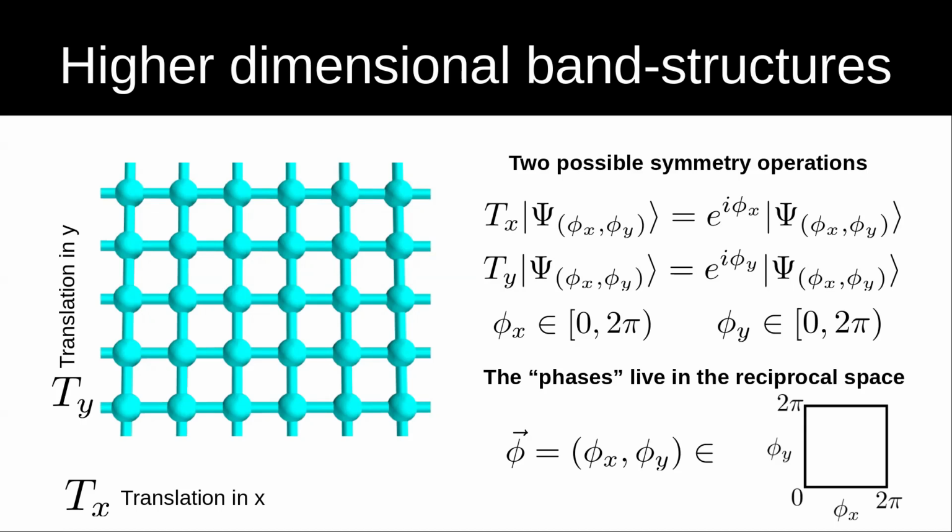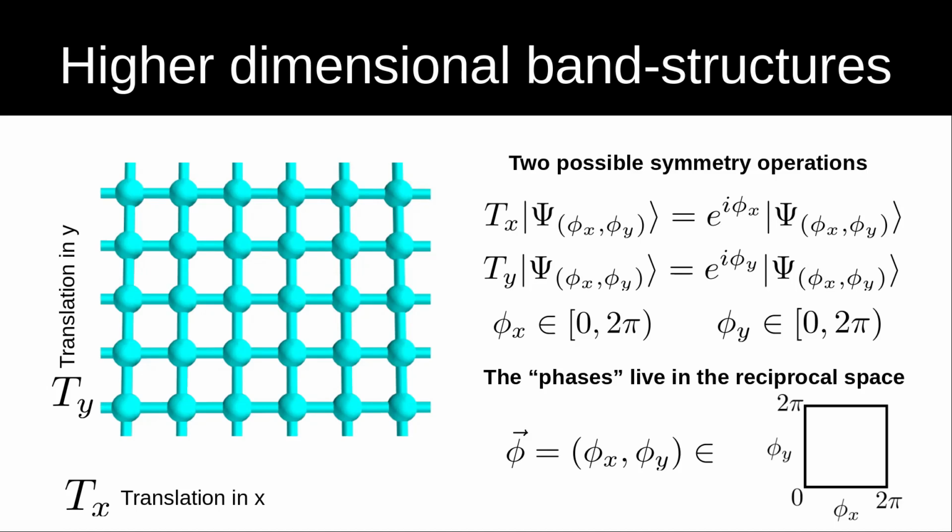When you have a two-dimensional system that has periodicity, now you have two different operators that commute with the Hamiltonian. There's the operator Tx that essentially moves our system one site to the right, and we have the operator Ty that moves our Hamiltonian one site up. And these two operators are independent.